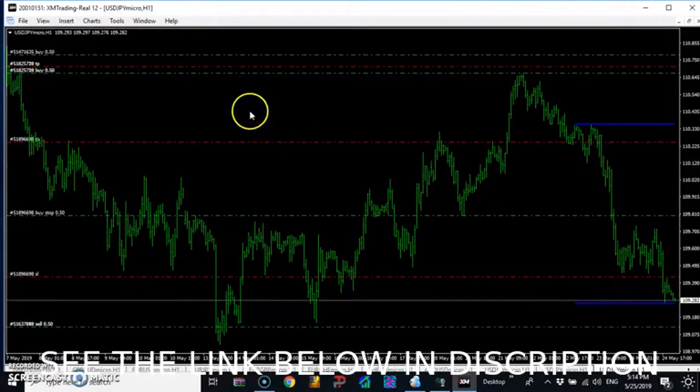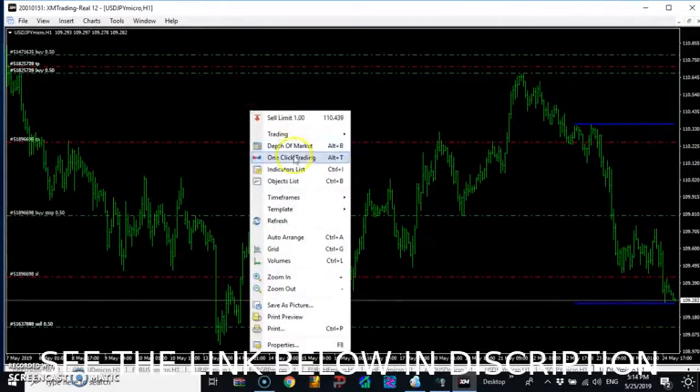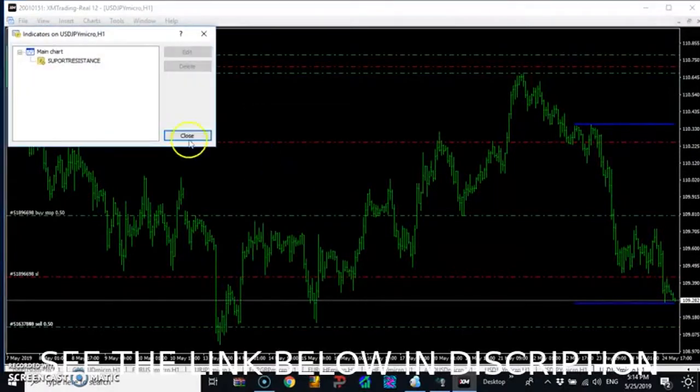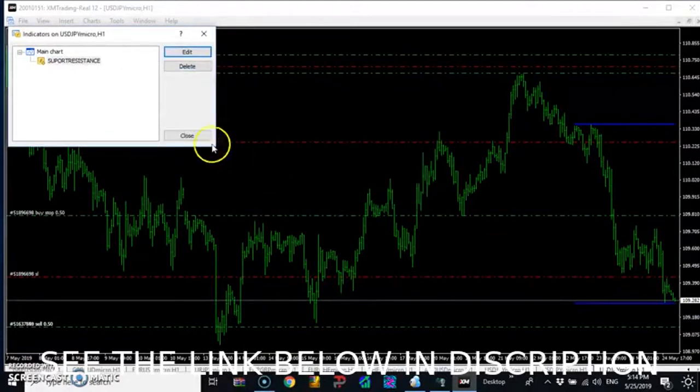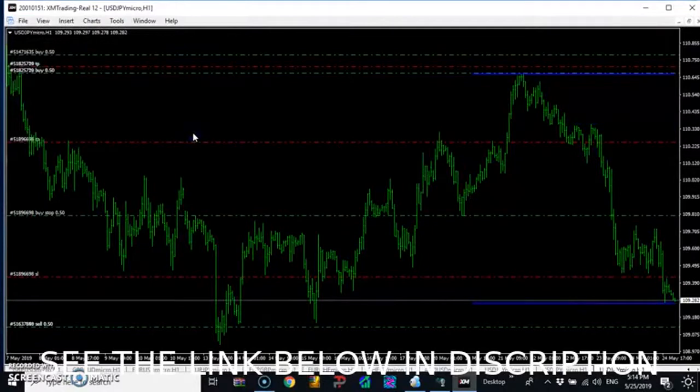Okay, let us go again. Let us use support resistance, let's use the 100. There is a reason why I'm taking it one by one like this.